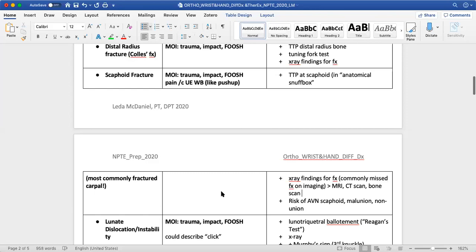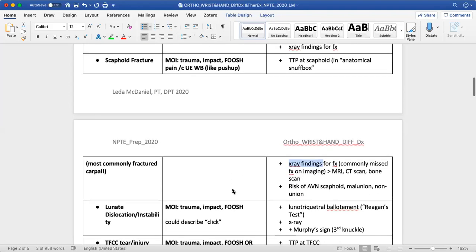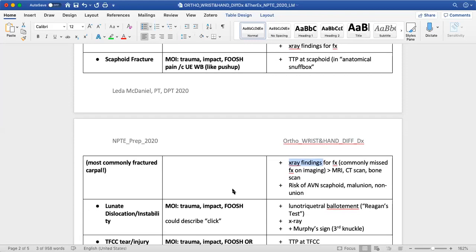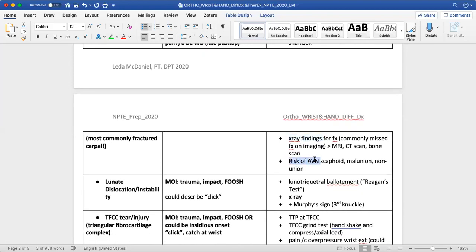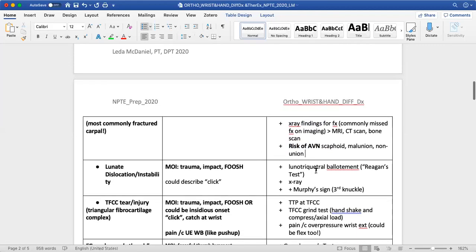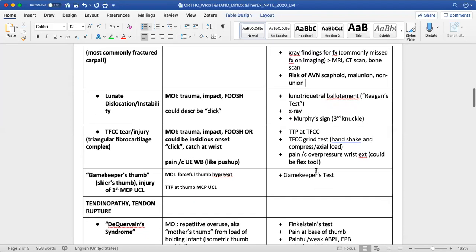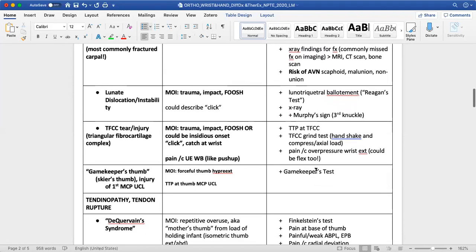So if somebody has a fall, a traumatic mechanism, but negative X-ray findings, and they're still presenting with significant tenderness in that area, and everything else lines up with your clinical exam, it might be worth some repeat imaging, and it might be worth suspecting this particular injury and referring, even though they've had an X-ray or imaging. That's a red flag, or something that's really important to keep in mind.